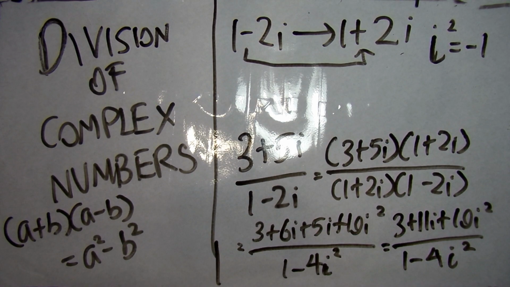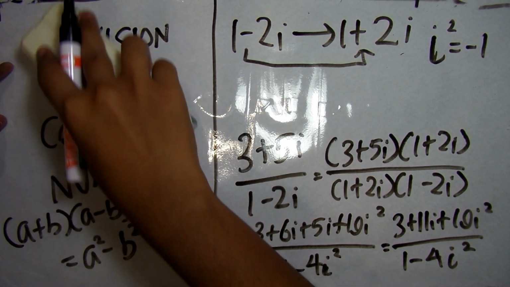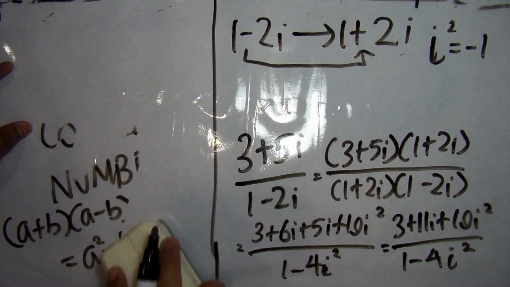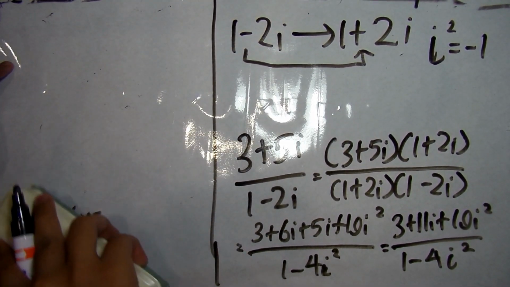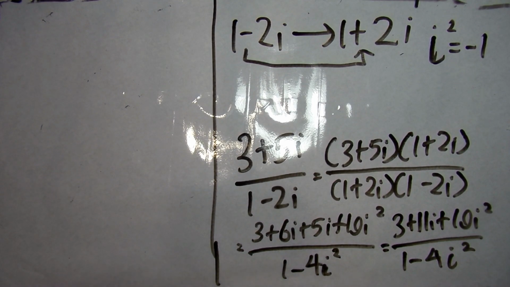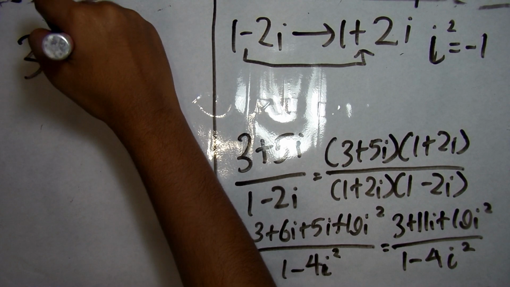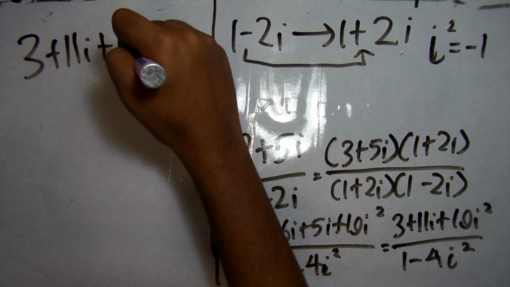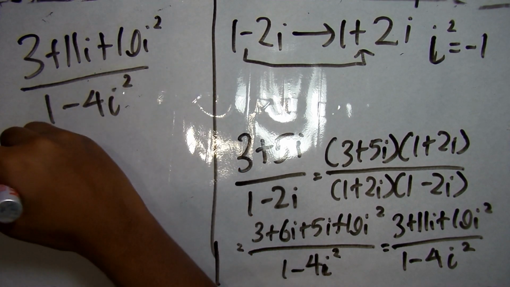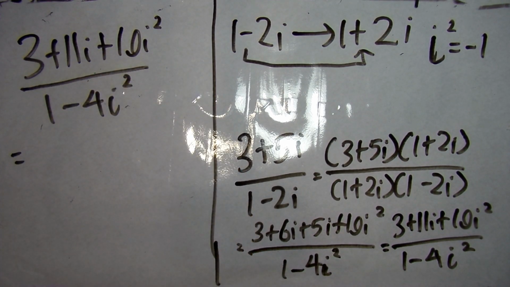Now we have this. We think that this is the simplest possible way to present this answer, but we can go even further with our understanding of complex and real equivalence. So 3 plus 11i plus 10i squared over 1 minus 4i squared can easily be converted to eliminate the i to any degree.